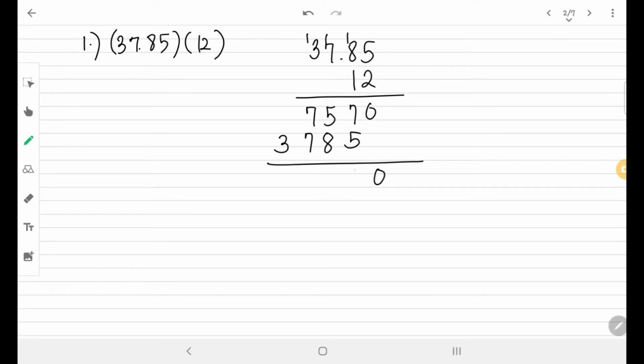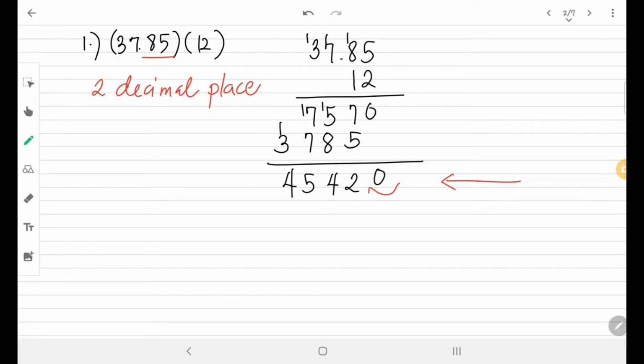So, 0, 12, and then 14, 10, and then 4. That's the time you will look at your given. This is the whole number part, and this is also a number. So how many numbers are after the decimal point? This is the decimal point, so let's count two. We have 2 decimal places, because that's all that's there after the decimal point. Let's move, starting from the right going to the left. Since it's two, we count 1, 2.